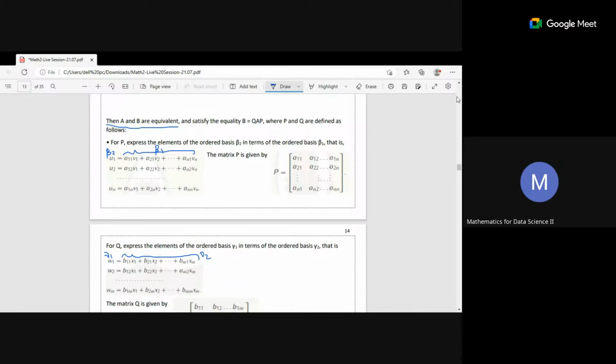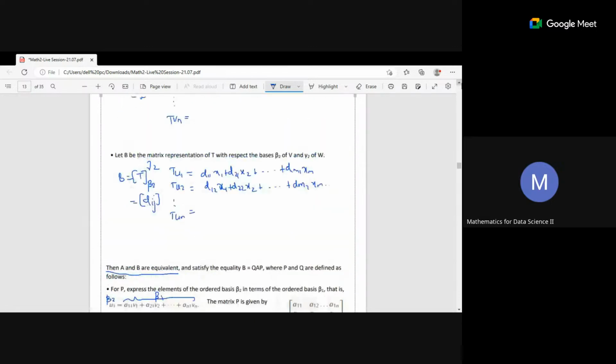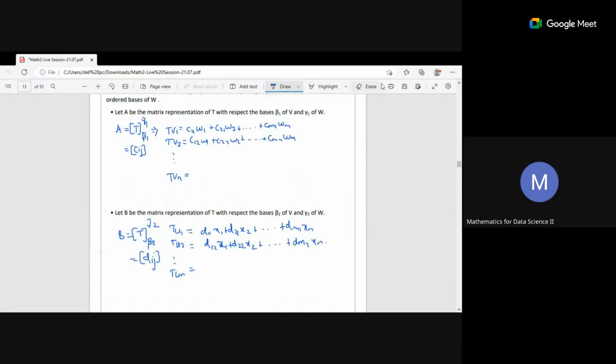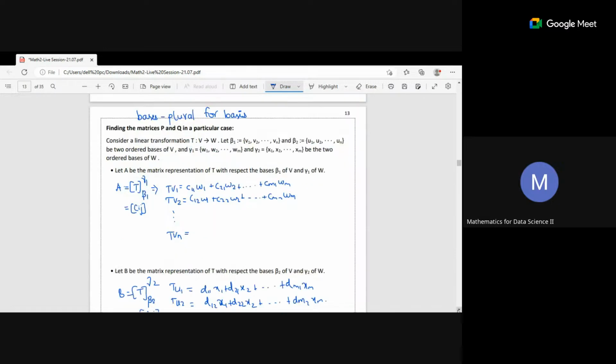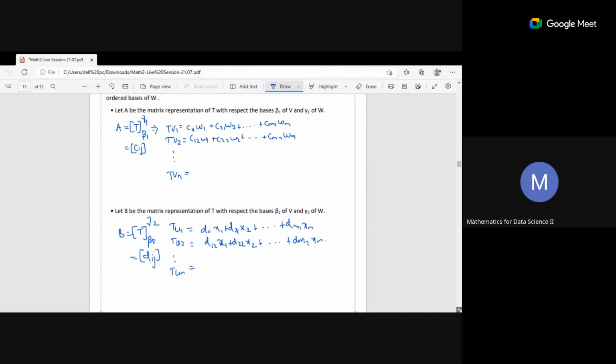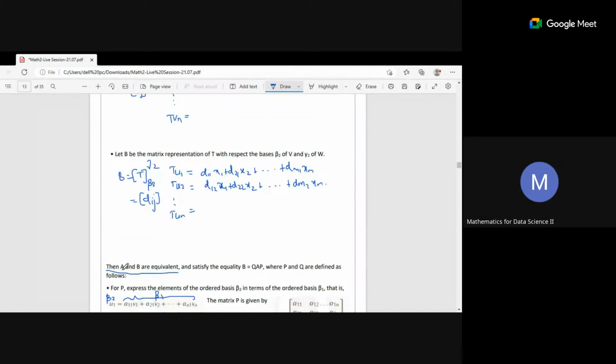You will understand. Maybe I can repeat the steps if you want. You are given two bases for the domain and two bases for the codomain. You have a matrix representation with respect to beta 1 and gamma 1, and another matrix with respect to beta 2 and gamma 2, and you know that these two are equivalent. So you can find invertible matrices P and Q satisfying B is equal to QAP.